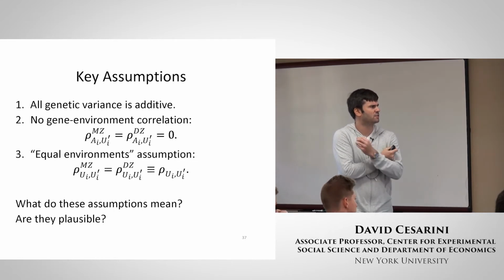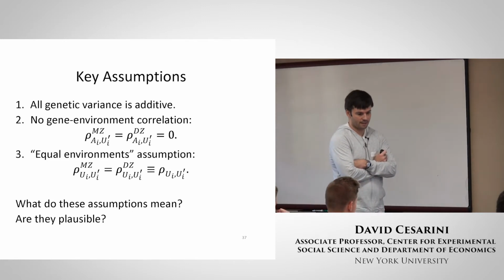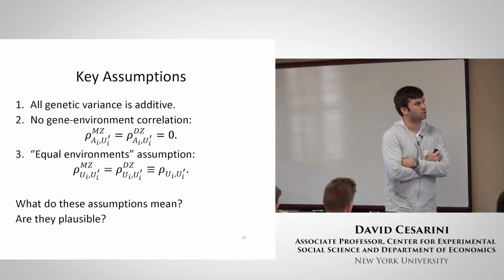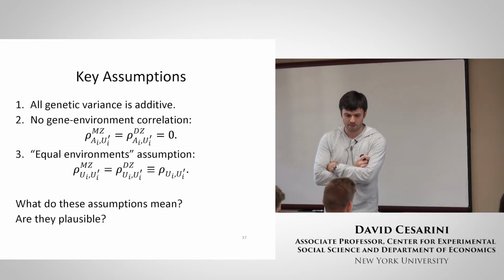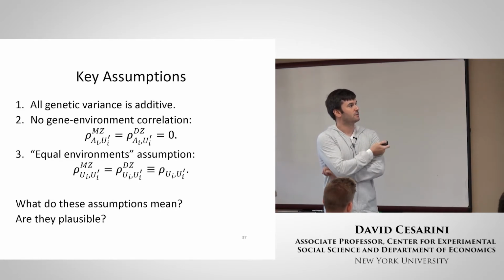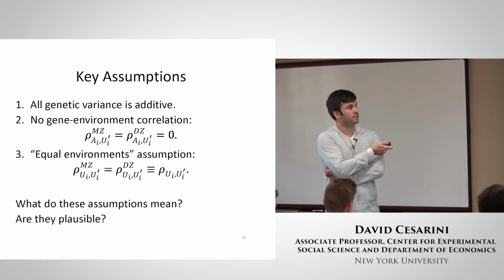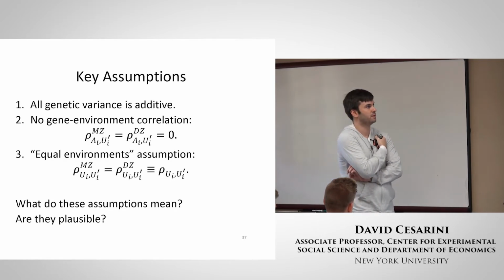The second assumption is surely false in a lot of settings. To make matters concrete, suppose the outcome is again like educational attainment. Then you're going to have some genes conducive to educational attainment, and you're also going to have environmental factors conducive to educational attainment. Presumably over several generations, you would get some positive correlation between these two things.